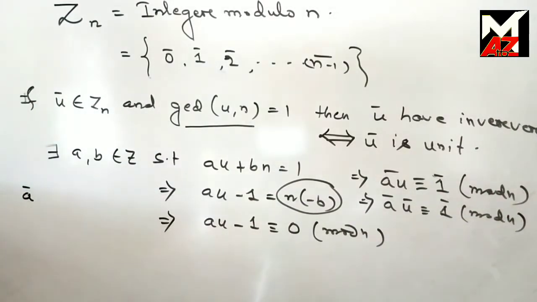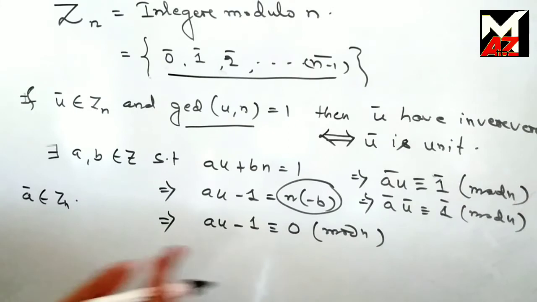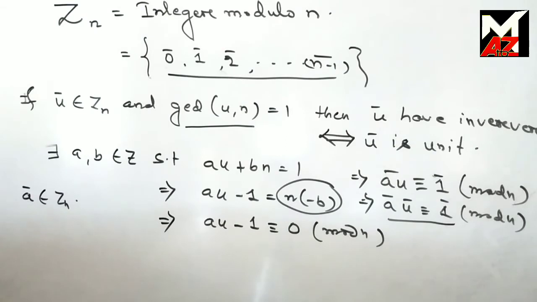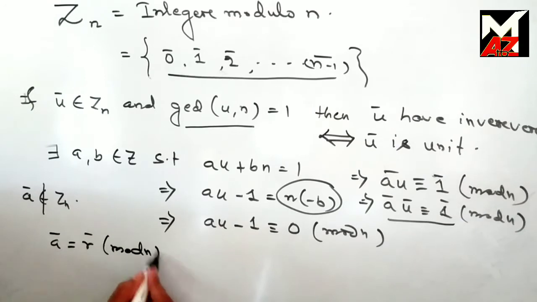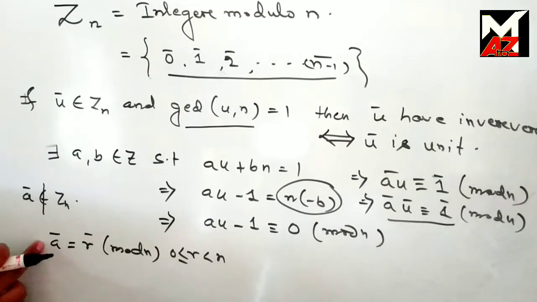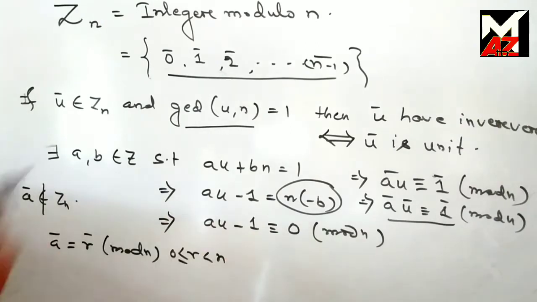If ā belongs to Zn, then from this relation we say that ā is the inverse of ū, and if ā does not belong to Zn, then we have ā equal to r̄ mod n, where r̄ is in this range, because if we divide a by n, then the remainder r must satisfy 0 less than or equal to r less than n.